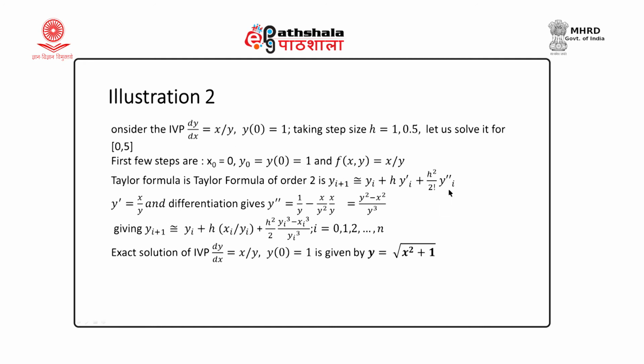To get the second derivative, we will differentiate y dash, applying the multiplication rule. It is x into 1 upon y. The derivative of x is 1, 1 upon y as it is, plus x as it is, and the derivative of 1 upon y is minus 1 upon y square into dy by dx. So, dy by dx is x upon y.